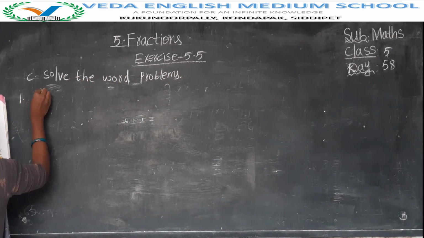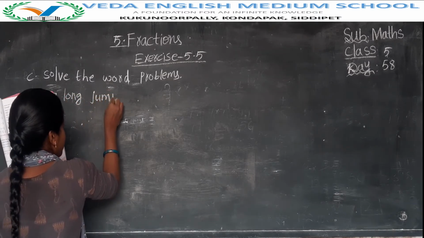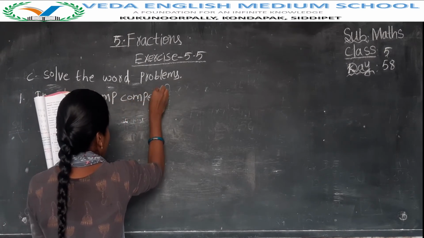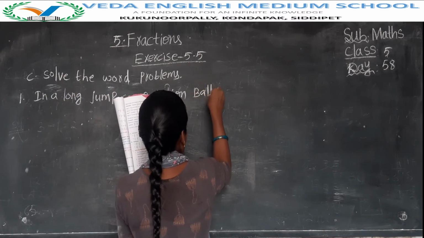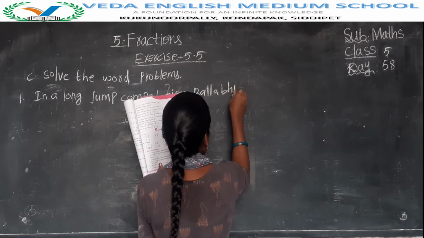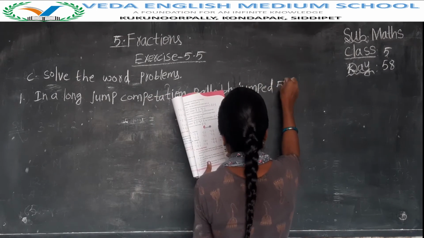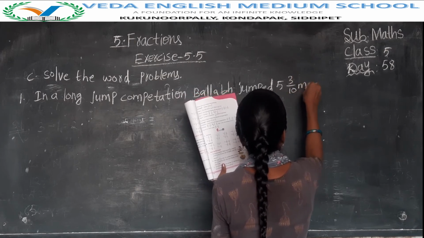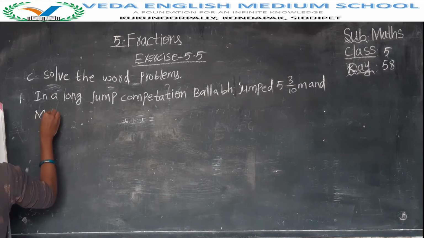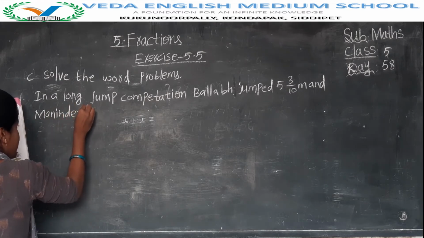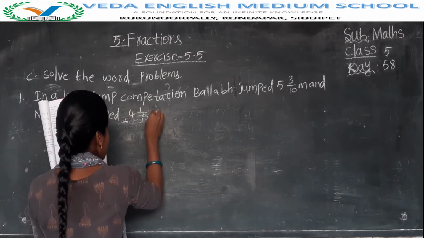So in a long jump competition, Balab jumped 5 into 3 by 10 meters and Maninder jumped 4 into 1 by 5 meters.